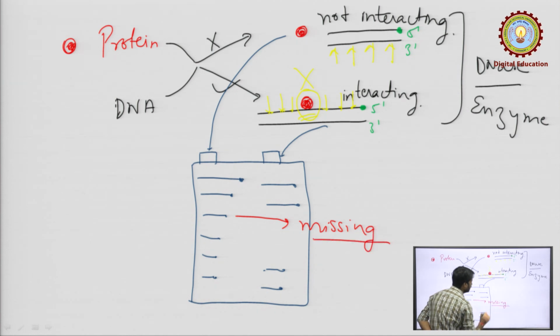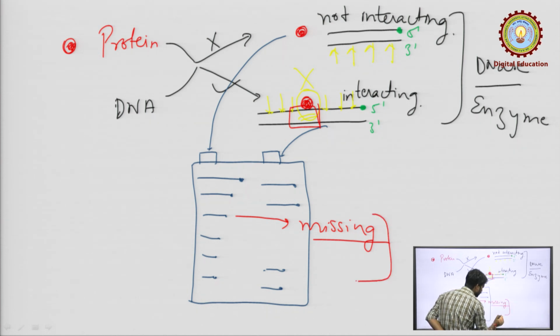So, why is it missing? Because our protein binds with that site and the DNase will not cut this site, so this fragment will remain intact and will be missing from our gel.